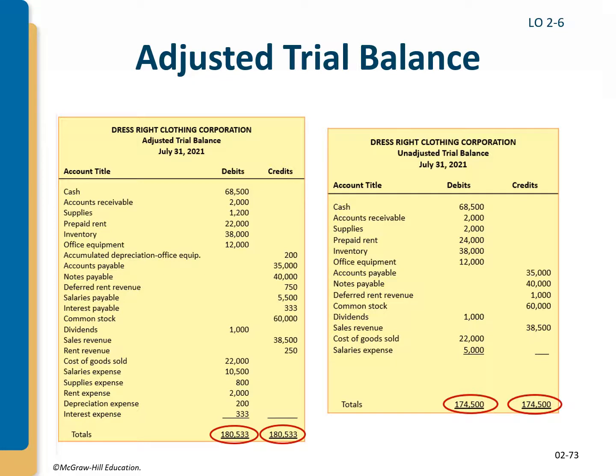So you can see the difference between these two trial balances for DressRight. The unadjusted trial balance, debits equal credits, but the adjusted trial balance, debits equal credits, but look at all the items that were missing or wrong on the unadjusted trial balance.